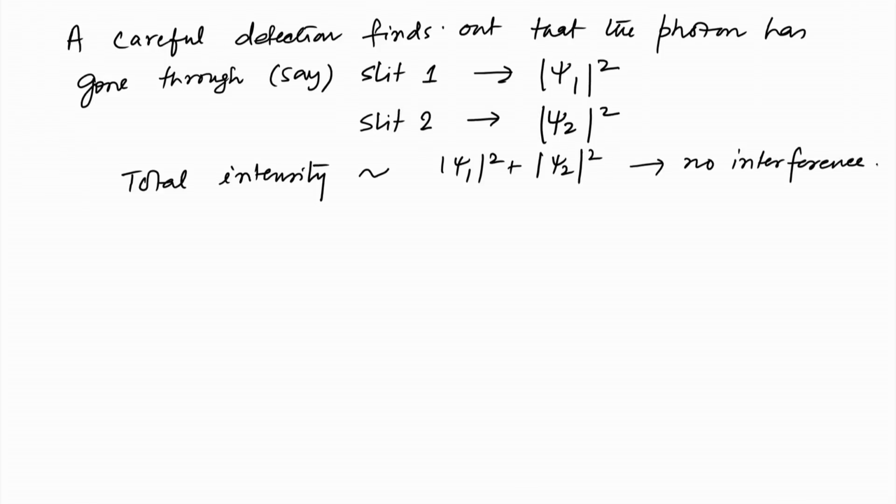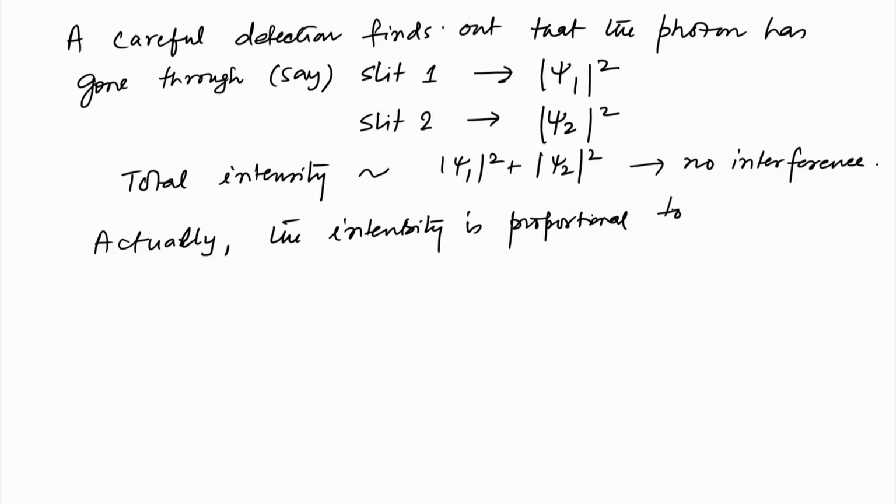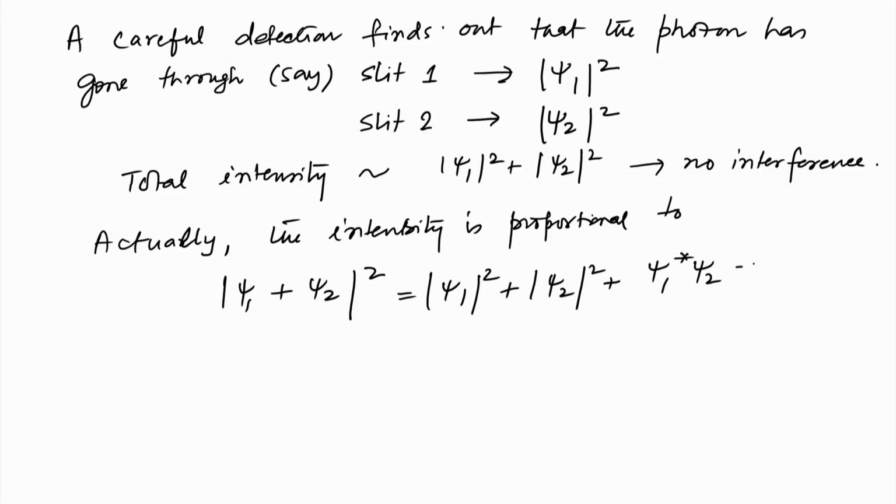So, the interference can only come by superposing. So, actually the intensity is proportional to mod psi 1 plus psi 2 square, which has, in addition to these two terms that are written above, a term like psi 1 star psi 2 and a psi 1 psi 2 star.